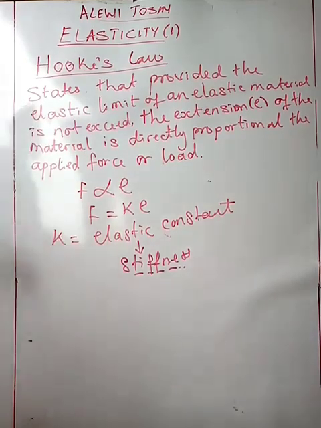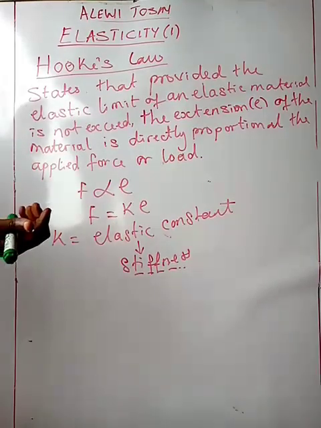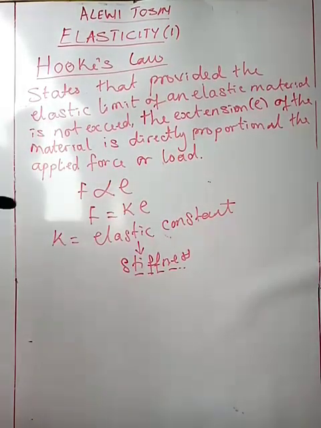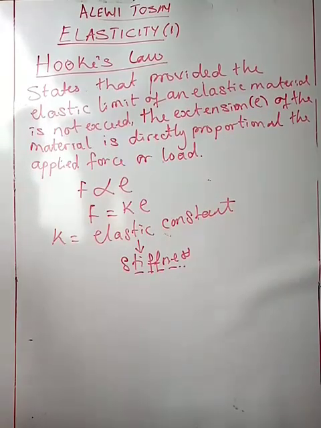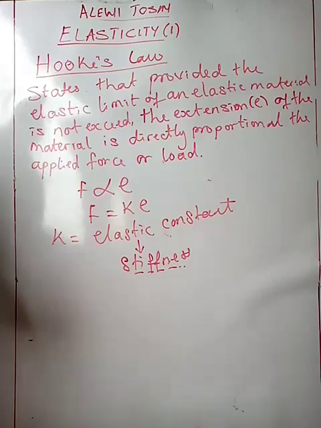How far we can extend our normal rubber band is different from how we can extend the belt of a grinding machine. It is still an elastic material, it is a rubber, but one is thicker than the other, and that is about the stiffness.